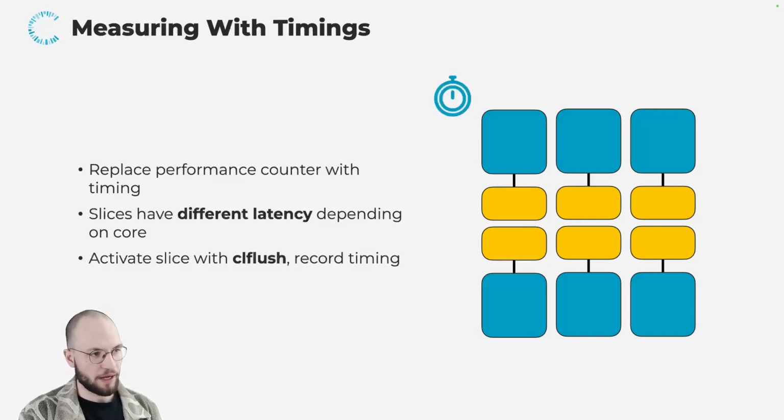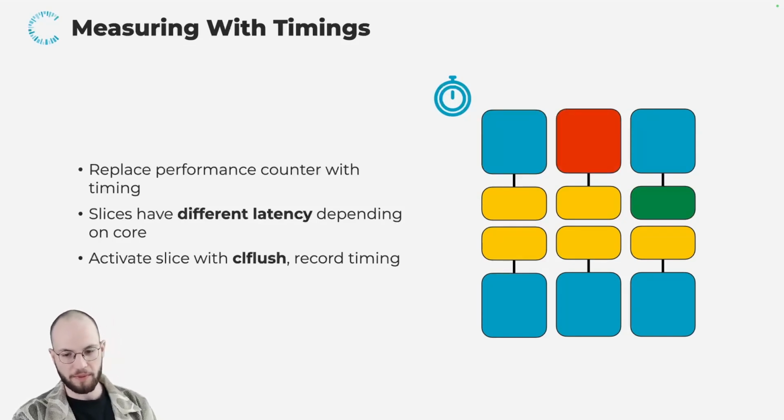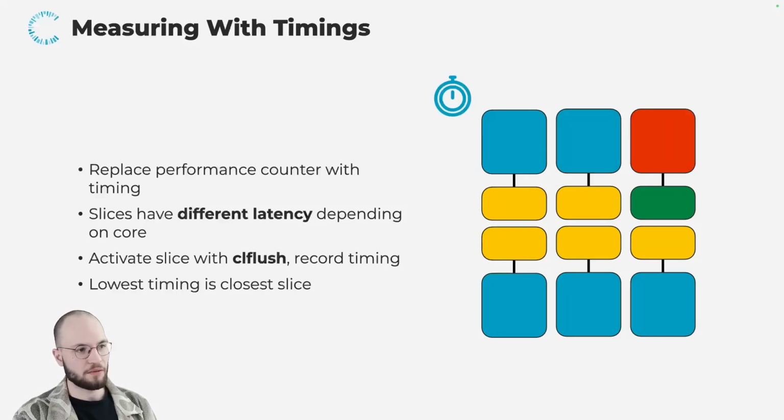For example, you activate a slice with CLFlush and record the timing, and then you hop among the cores, and because all the cores are interconnected and have different physical distances to the cache slice, they have a different timing to that cache slice. And then you record the timing, and we see that we have arrived at a very close slice, and this is the lowest timing, and therefore also the closest slice.